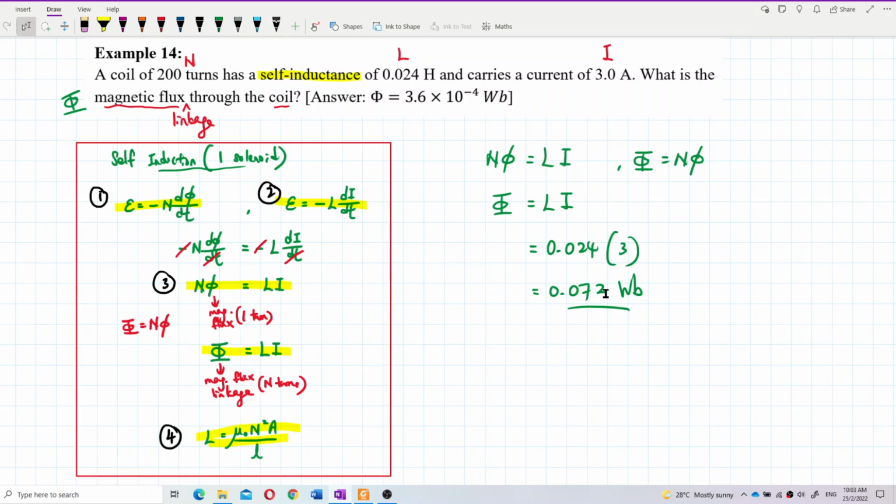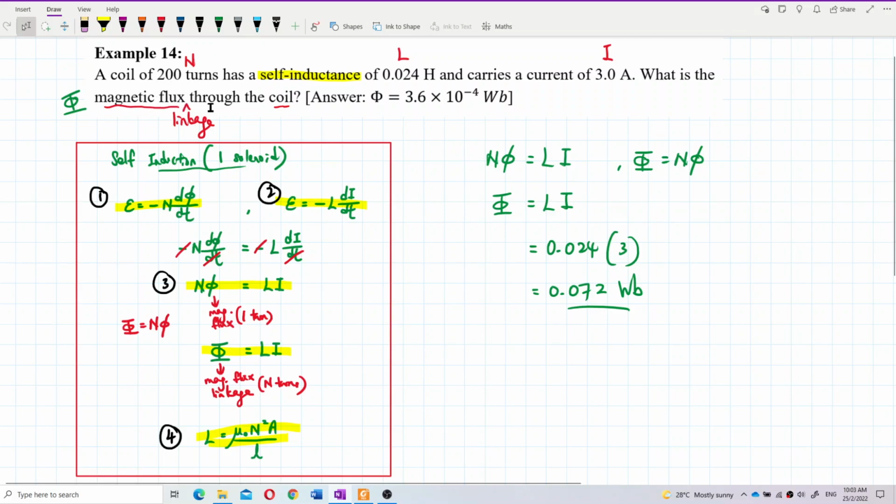Look at this question. It says through the coil. At first I thought it meant through the whole coil. Is magnetic flux referring to only one turn, or to all the 200 turns?